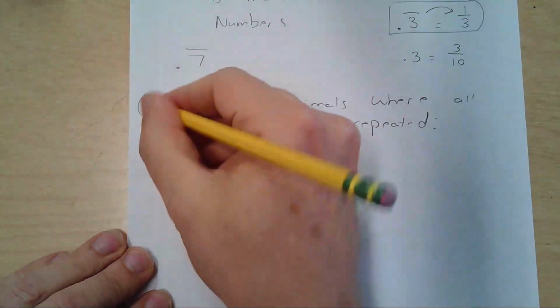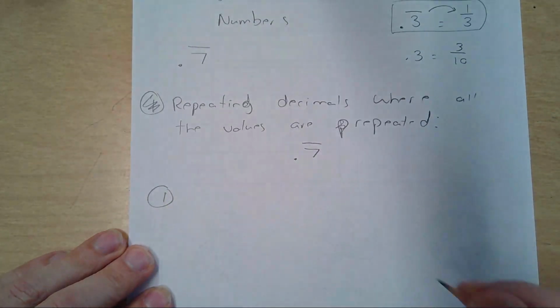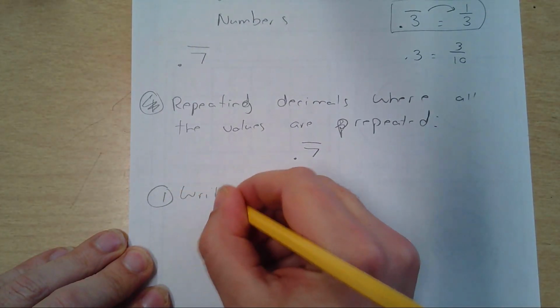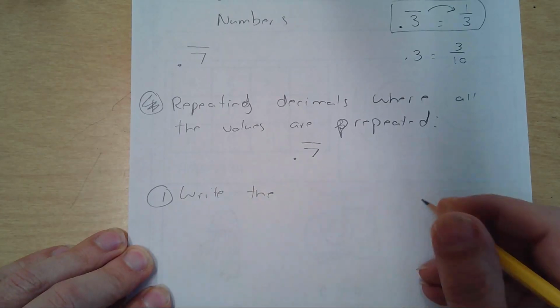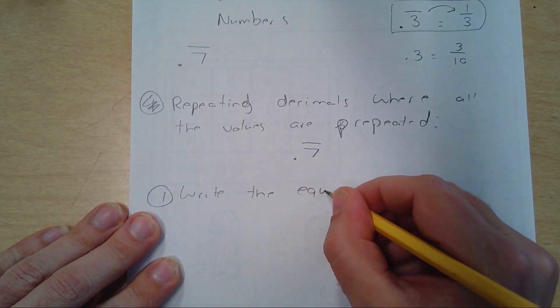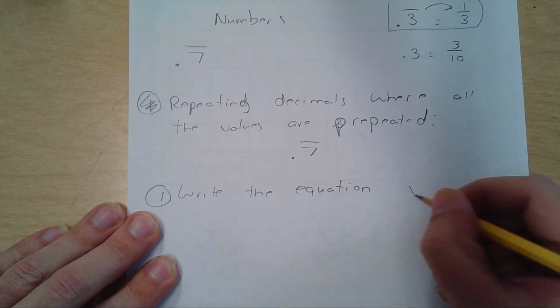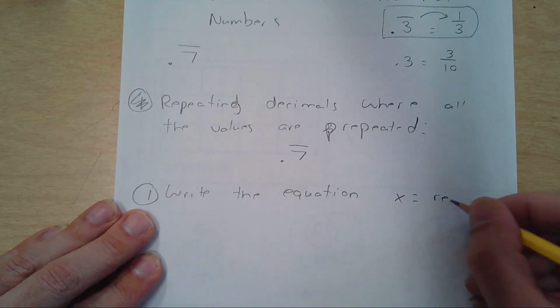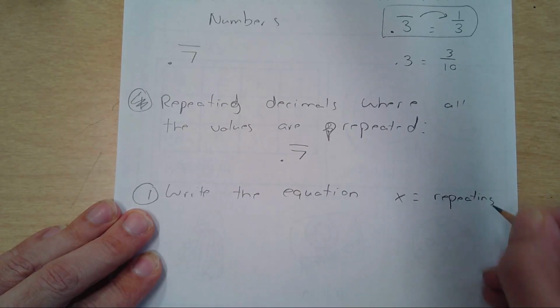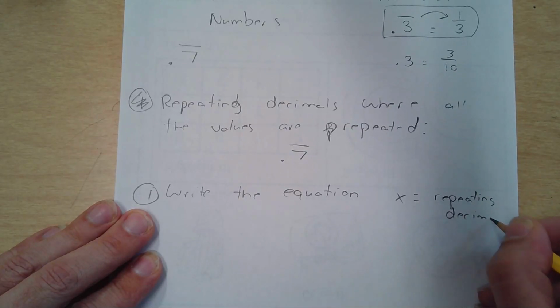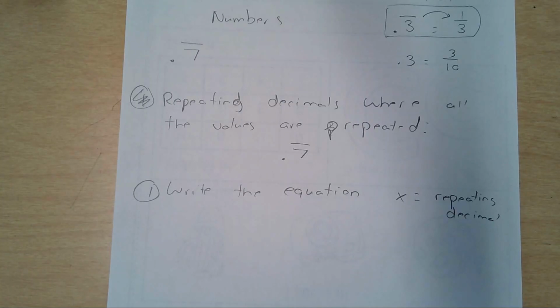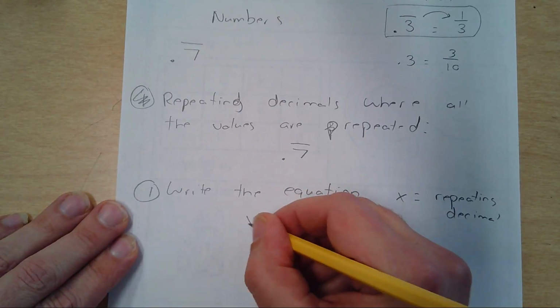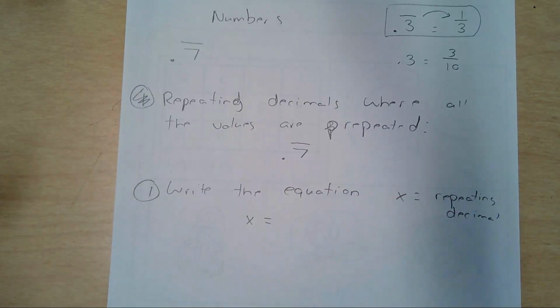So first, write the equation x equals the repeating decimal. All I need to do in my first step is write x equals, or whatever variable you want.